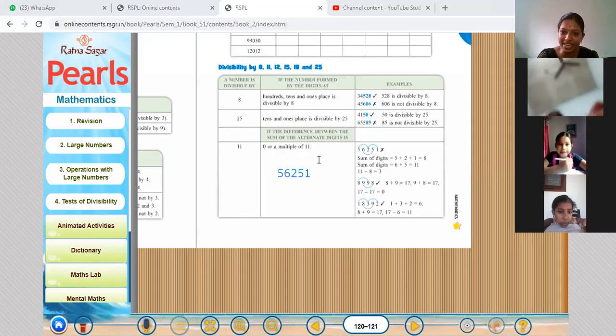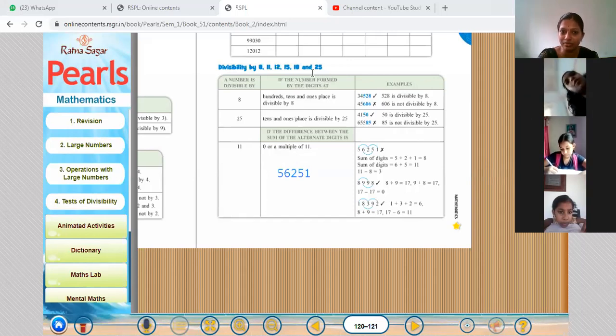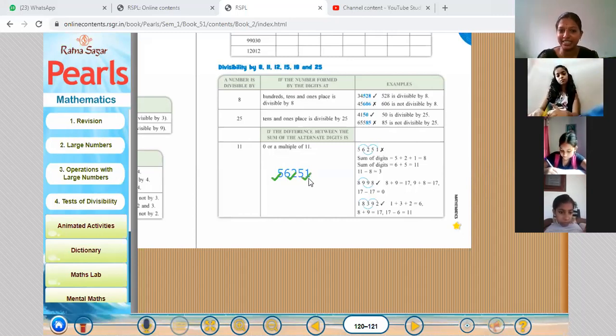That's why we can say that the alternate digits are 5, 2, and 1. In this case, which are the alternate digits? 5, 2, and 1. Is it clear?